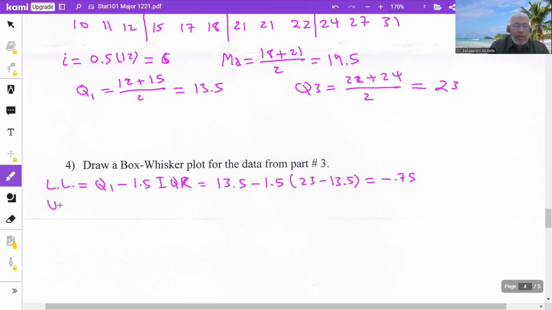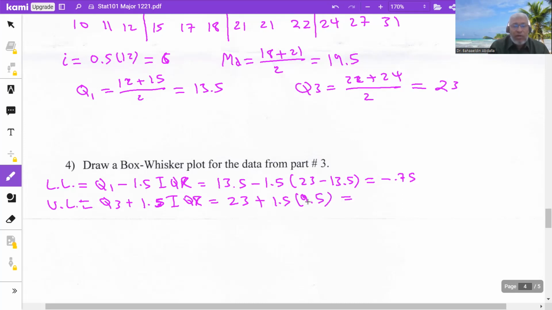The upper limit would be Q3 plus 1.5 times IQR. So it is 23 plus 1.5 times 9.5.